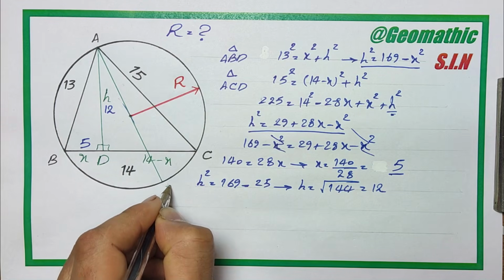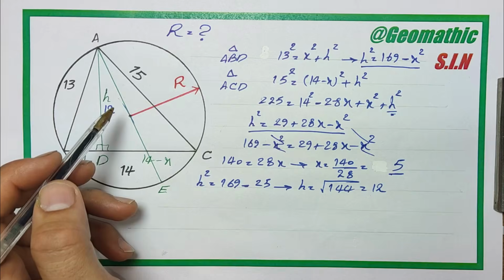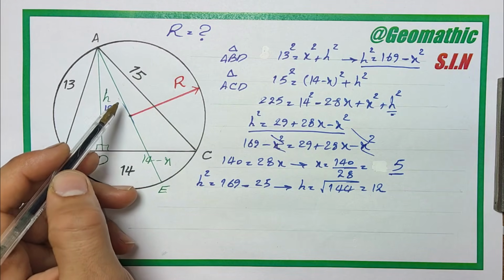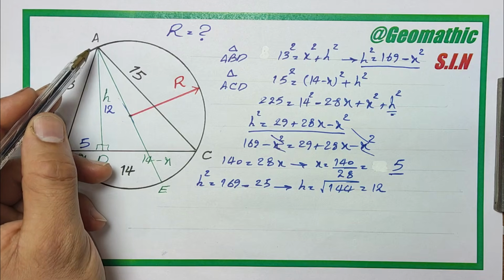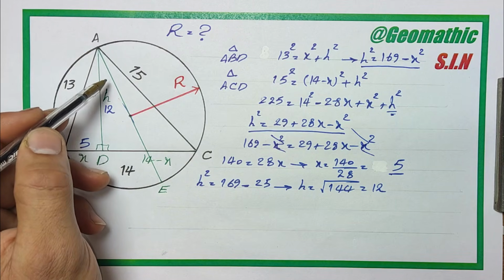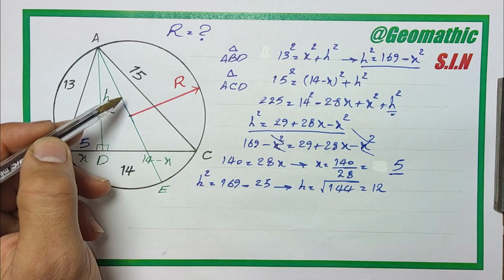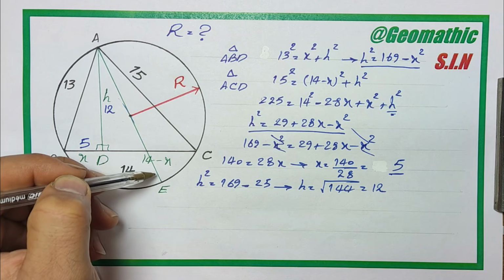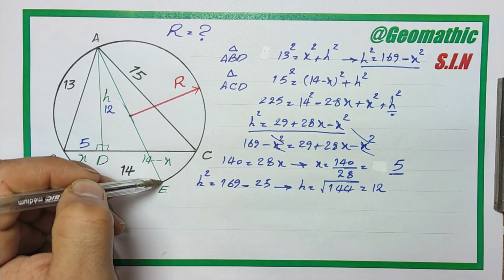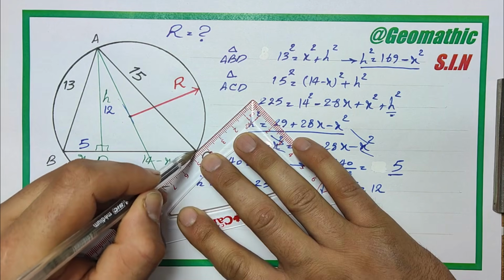I name this point E. If it passes through the center of the circle, this line is the diameter and meets the circumference of the circle again on the other side. And now I want to connect this point E to point C, like this.